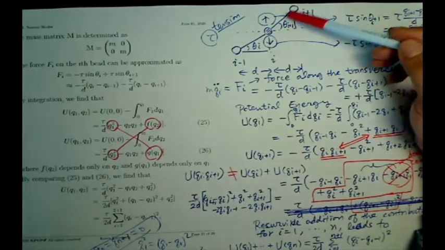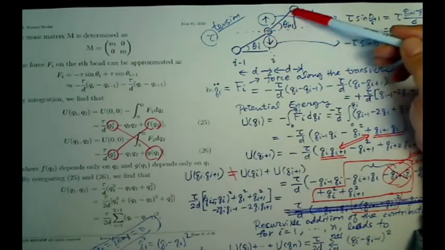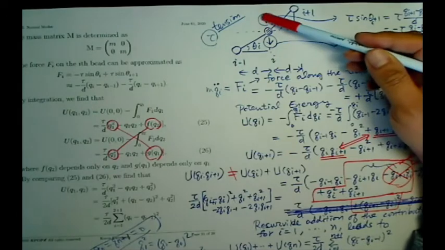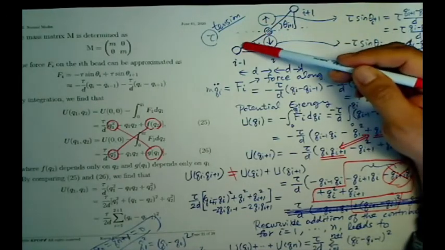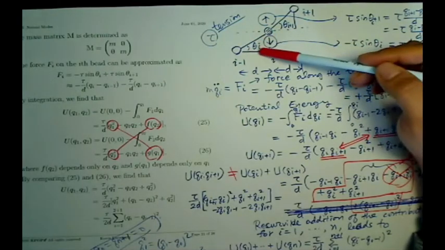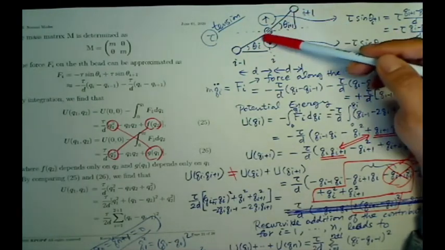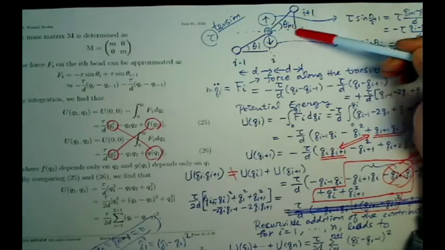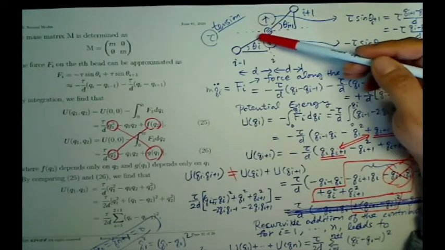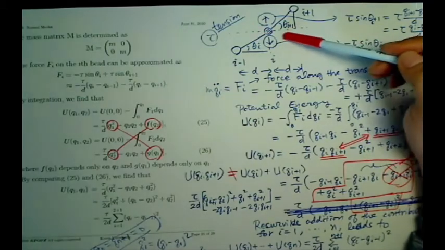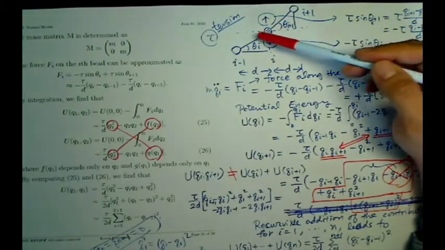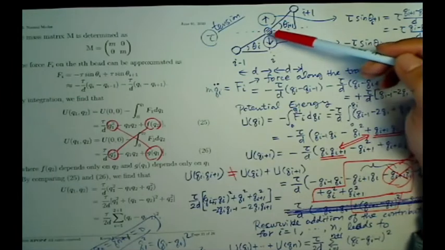The force is the tension, and the tension has a longitudinal component and a transverse component. There are two forces. If the angle is small enough, the tension is almost the same as the longitudinal force. And the two forces are equal and opposite, and we do not allow motion along the longitudinal direction.